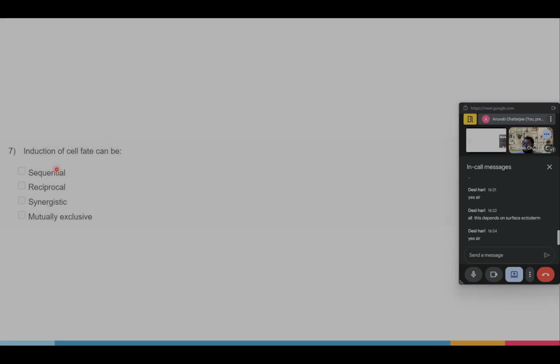Moving forward. Induction of cell fate, what we have been talking about for the last 10 minutes. What can you state the induction of cell fate is? Is it sequential? Is it reciprocal? Is it synergistic? Or is it mutually exclusive? So this is also a more than one option type question.